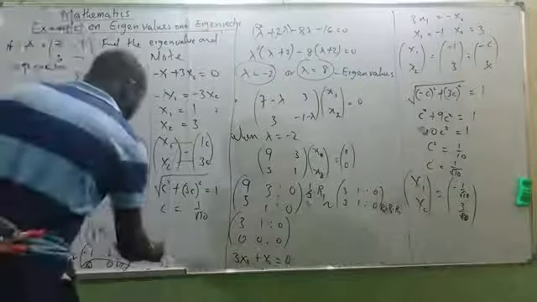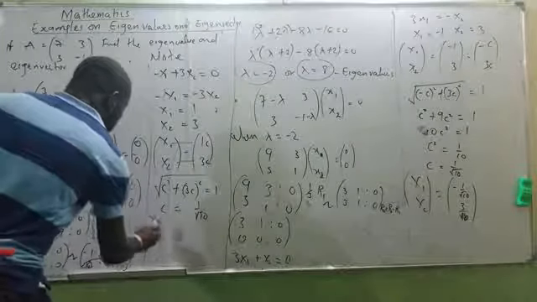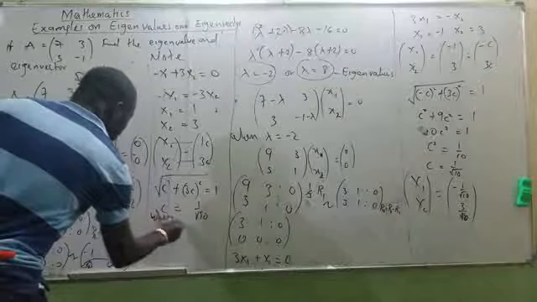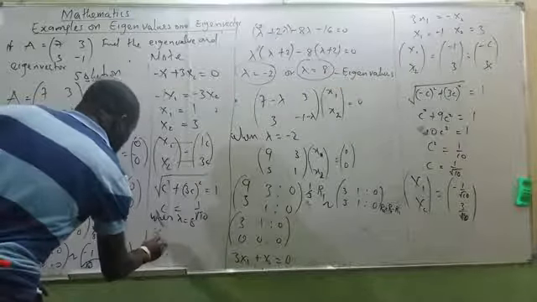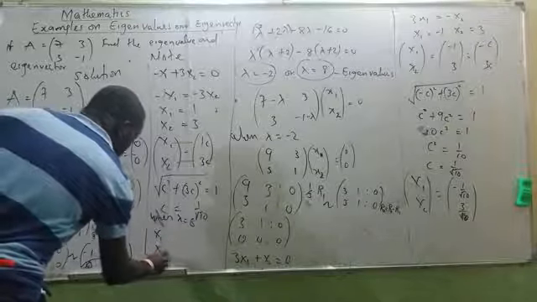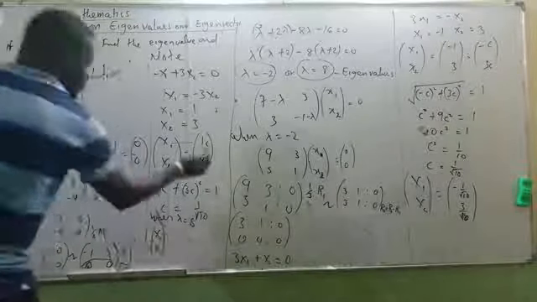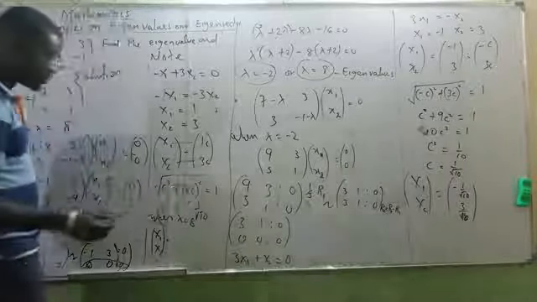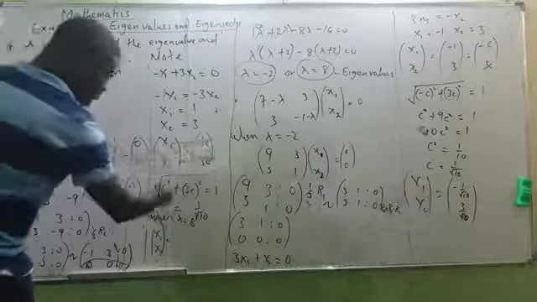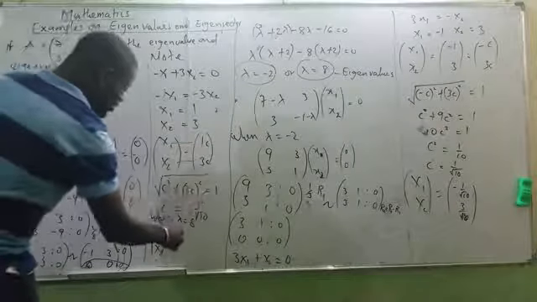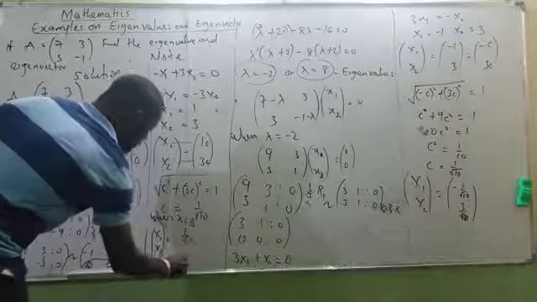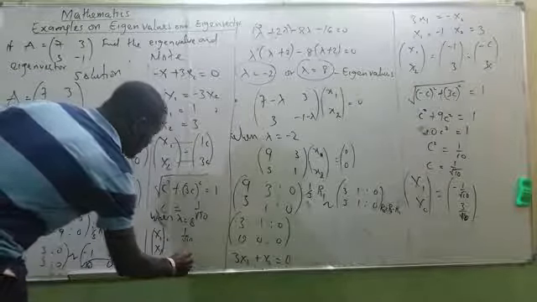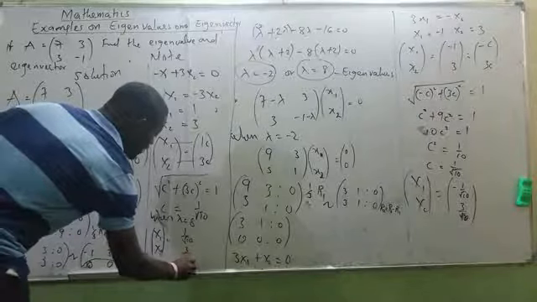Now, it means my x1, when lambda equals to 8, my vector will be equal to 1 all over root of 10 and 3 all over root of 10.